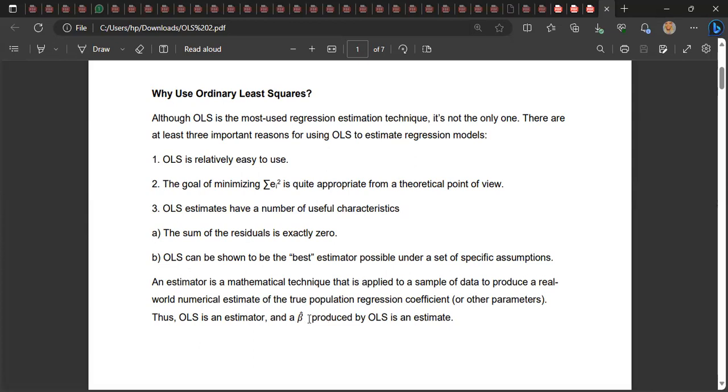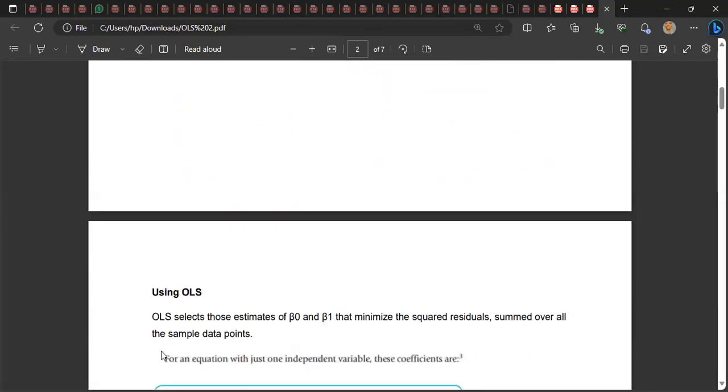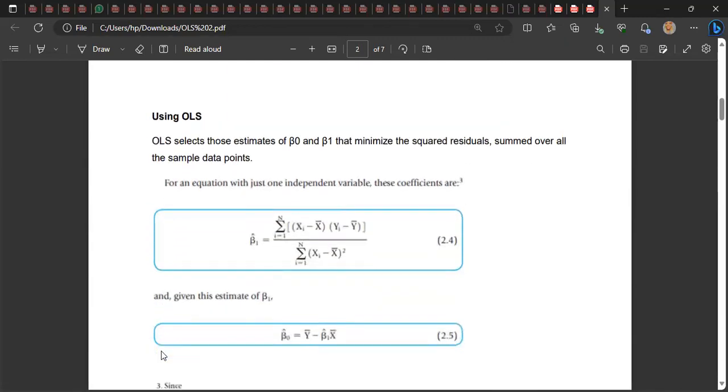And then we are estimating our beta coefficients. To estimate, you basically give a value of what the true population parameter could be, using your ordinary least squares. So select the estimates of beta nil and beta 1 that minimize the squared residuals summed over all sample data points. So basically what we are talking about is that they want to minimize.